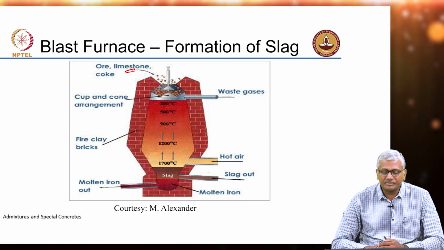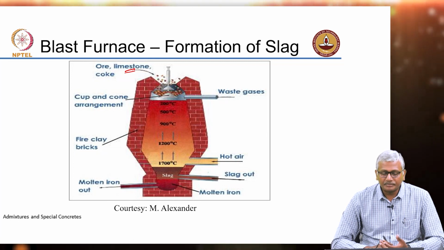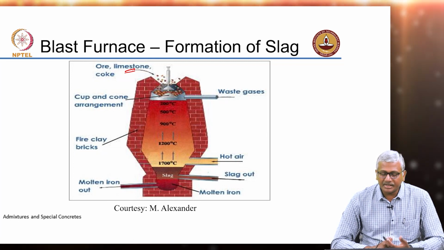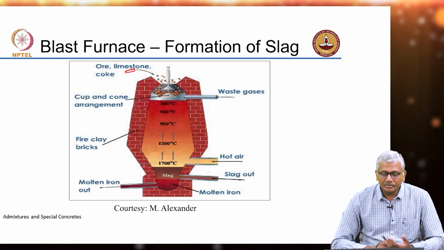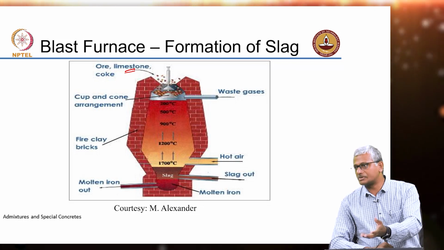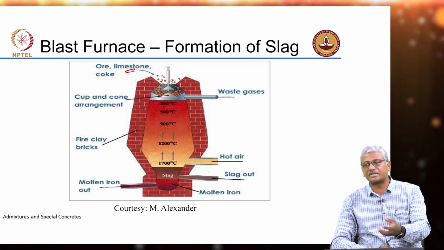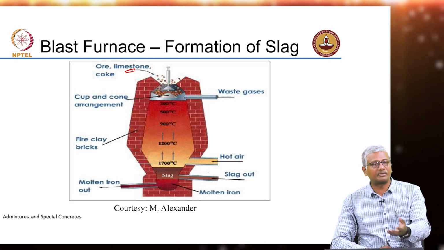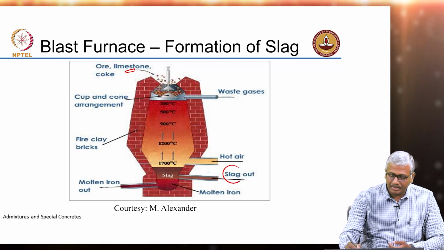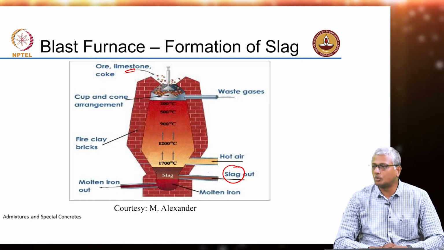So, here what we are simply trying to do is melt the iron ore, and iron ore melting is happening across a range of temperatures. Now, what really happens here is that the limestone is contributing your calcium oxide. It is combining with the impurities present in the iron ore, which are in the form of silica, alumina and so on, right, and gets collected as molten slag, which is lighter than molten iron.